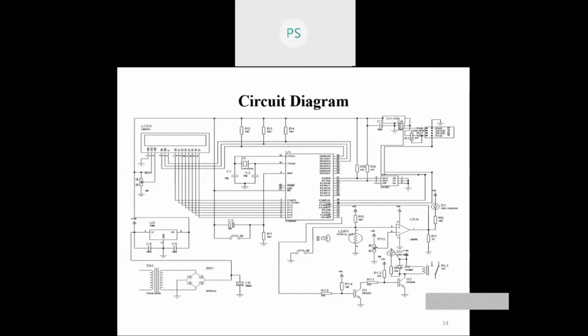The output of the voltage divider circuit is fed to the non-inverting input of the comparator. We are using an op-amp in differential mode. As the threshold value, at the inverting input, a voltage level is set with the help of a potentiometer. By rotating the potentiometer, we can set the threshold value at a particular level.